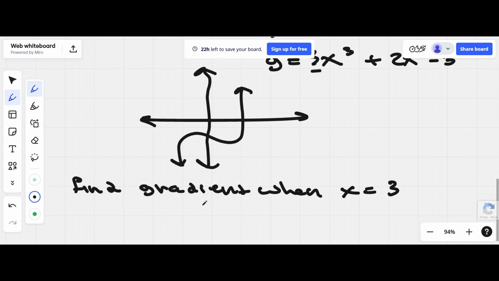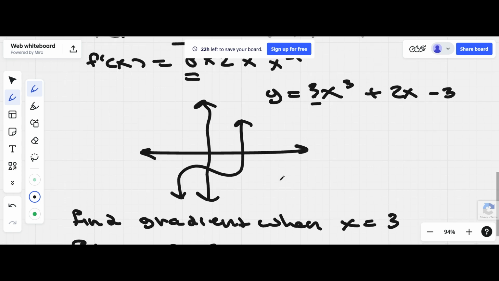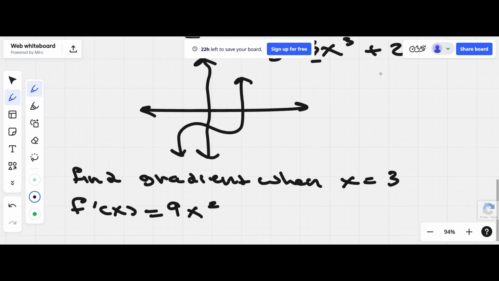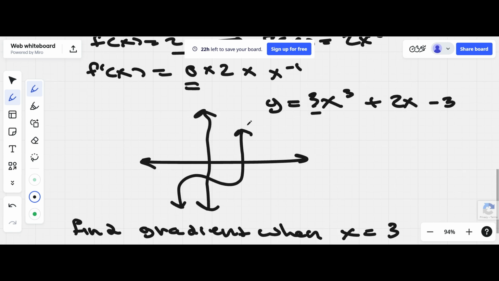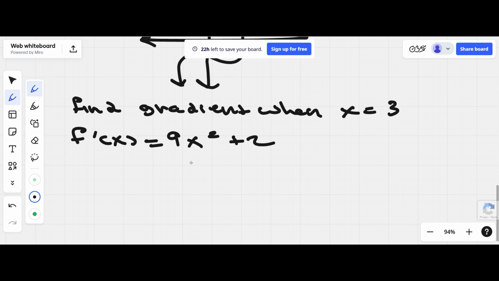Now we follow the rule and we say f prime of x equals 3 times 3 is 9, and 3 minus 1 is 2, and then the power there is 1, and then 1 times 2 is 2, and then that's x to the power of 0, which is 1, so 2 times 1 equals plus 2, and then as we know, the constant just disappears. So this is the derivative of this line.